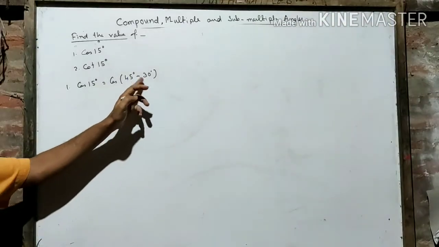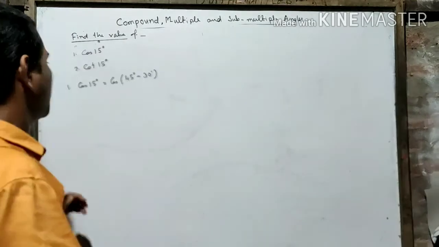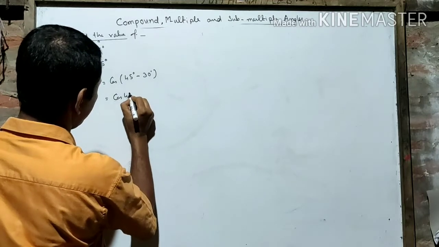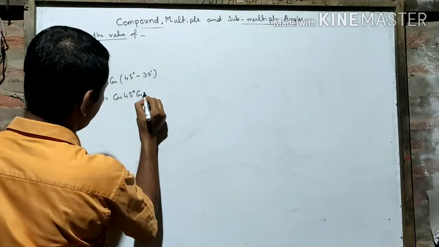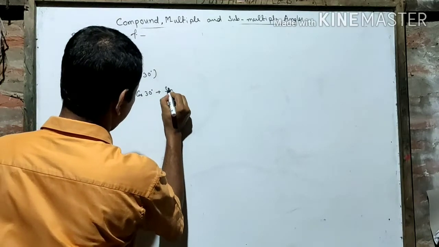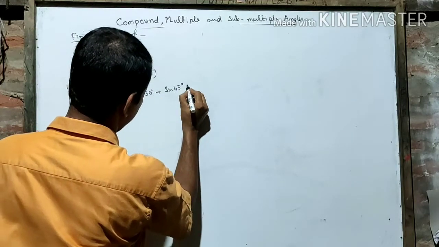Now this is of the form cos A minus B. It is in the compound form. So what is cos A minus B? Cos A minus B is cos A cos B plus sin A sin B.